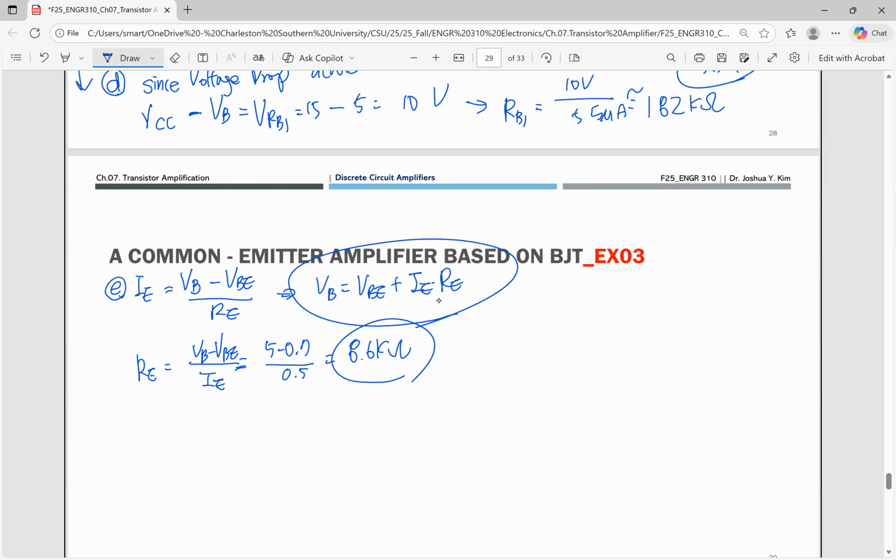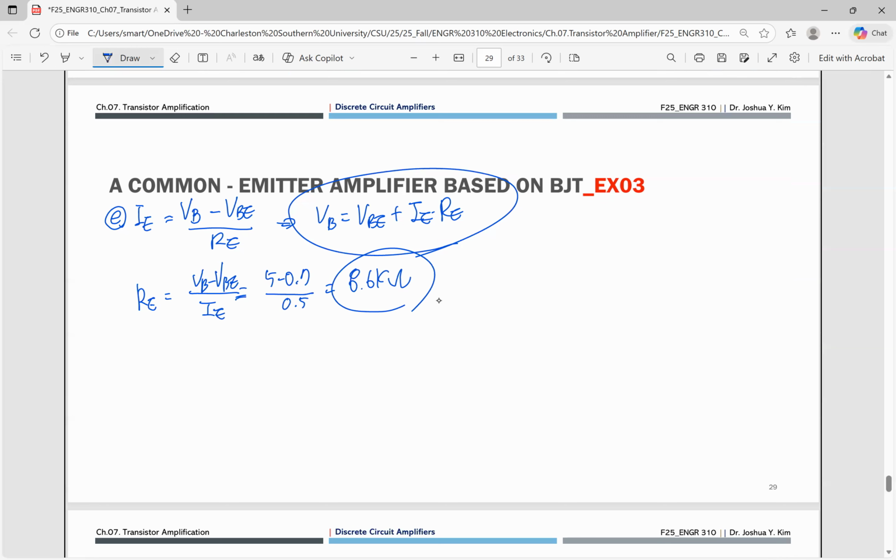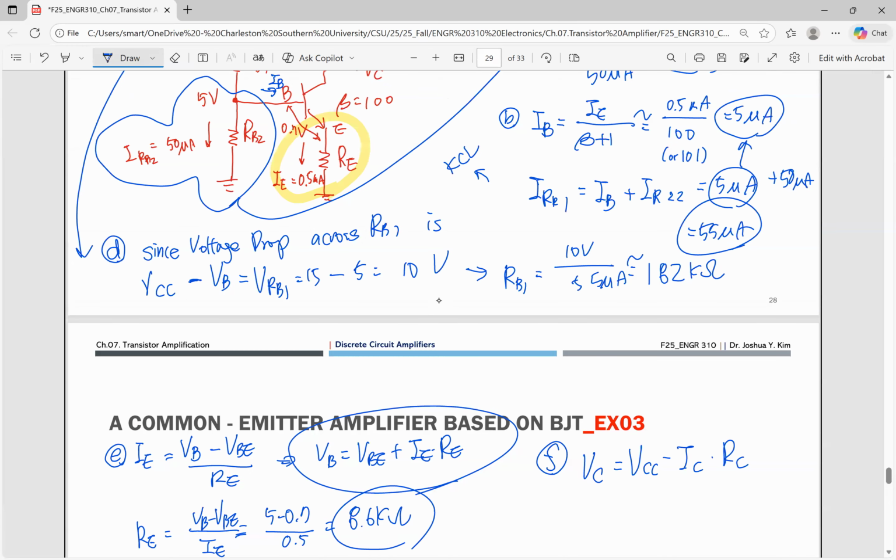Right? All right. So the value of R sub C: V sub C is equal to V sub CC minus I sub C times R sub C. Why? Go back to the slide.